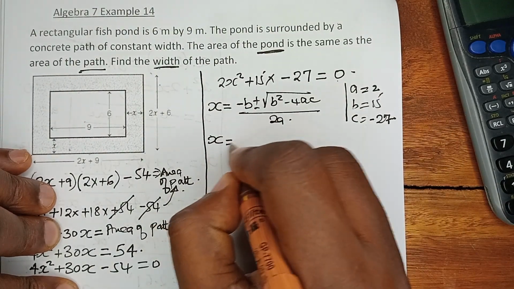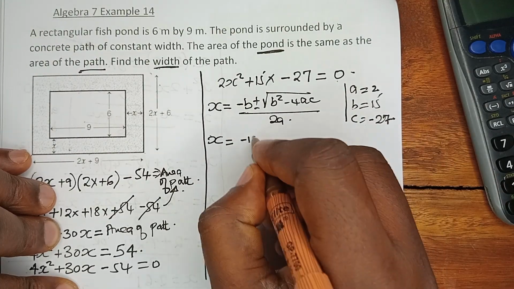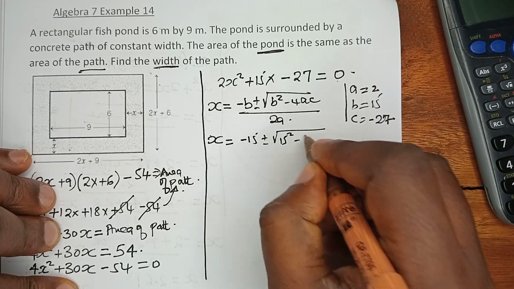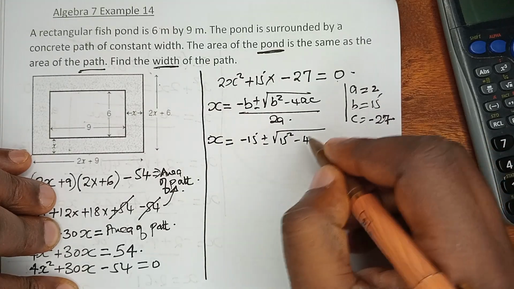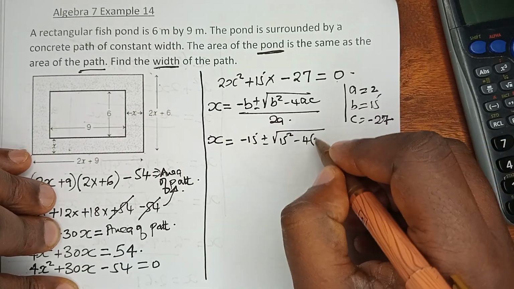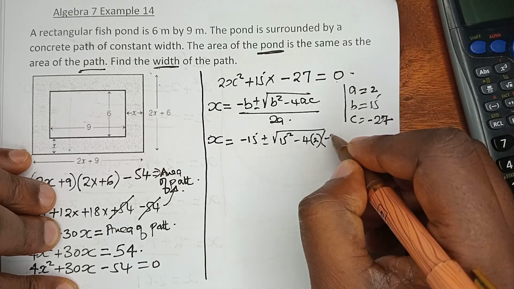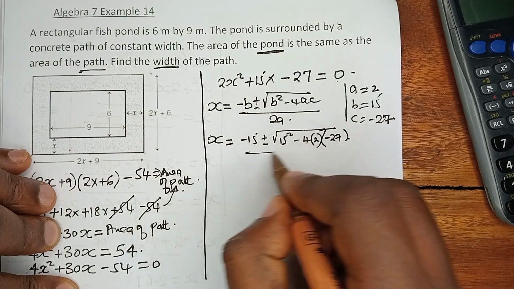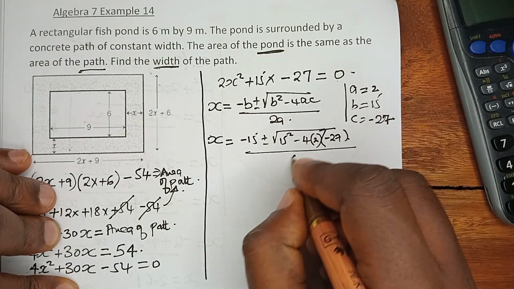Then we have x is equal to minus b, which is minus 15, plus or minus the square root of 15 squared minus 4 times a, which is 2, times c, which is minus 27, everything over 2 times 2, which is 4.